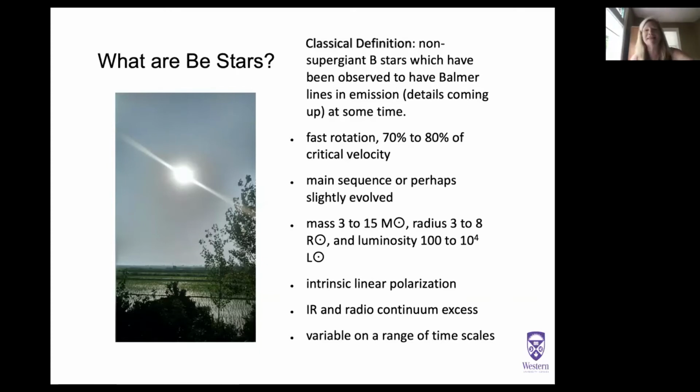And you may have guessed that from the classical definition, because the Balmer lines have been observed at some time, and that automatically characterizes a star as a BE star. There's a variety of time scales, from hours to days, little deviations in the spectra, all the way up to more significant changes over periods of decades.